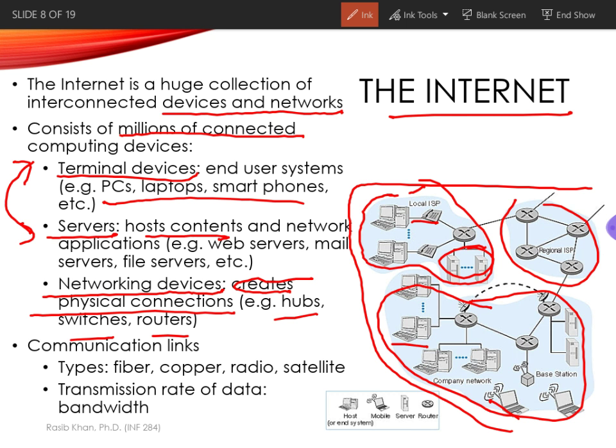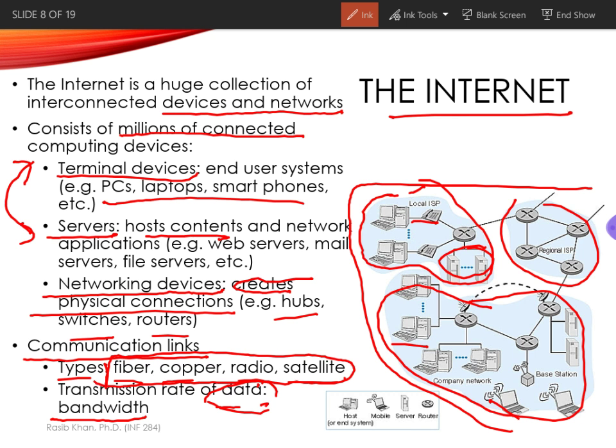And these connections are called communication links, and they could be different types. It could be optical fibers, copper wires, radio signals, satellite, wireless, and the rate at which you can access the data is defined by the bandwidth of each of these types of communication links.